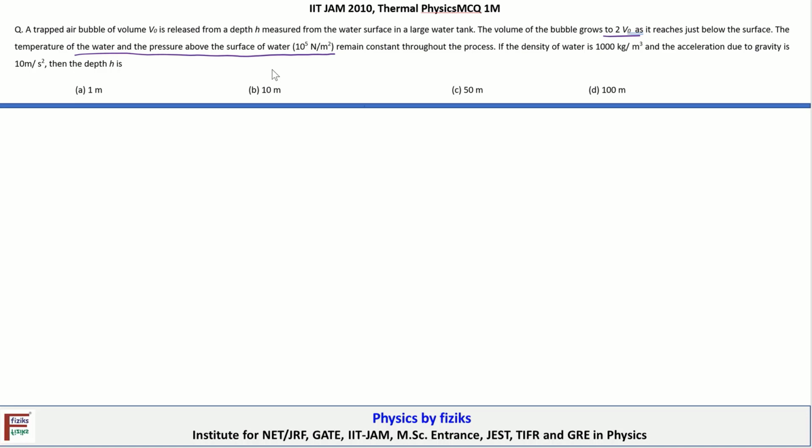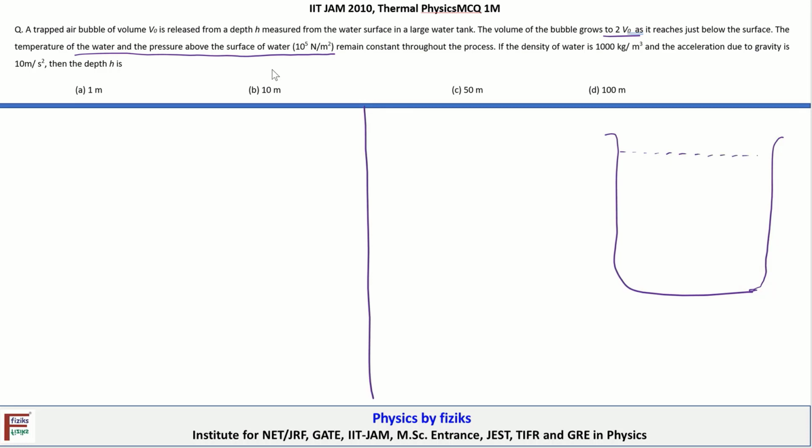Okay, so let's try to represent this problem. We are given a situation where an air bubble is in a water tank. Let's draw the tank so that we can understand it in a better way. Let's assume that its height is h. Its height h basically represents the water level inside the tank.